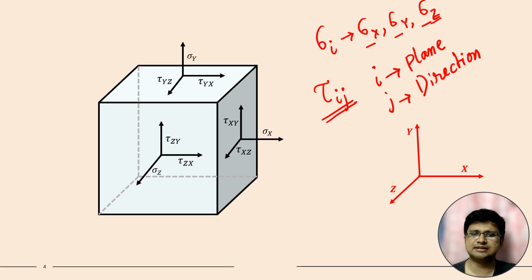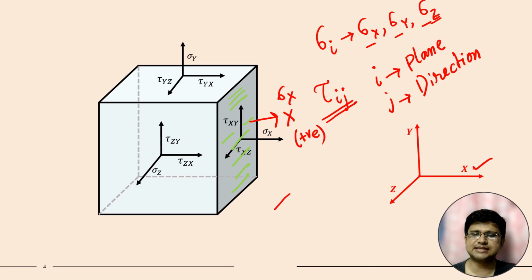Suppose we consider this particular plane. The normal stress over this plane will be sigma x, because if we draw the normal over this plane, the normal will be along the positive x direction. There can also be different types of shear stress over this plane.